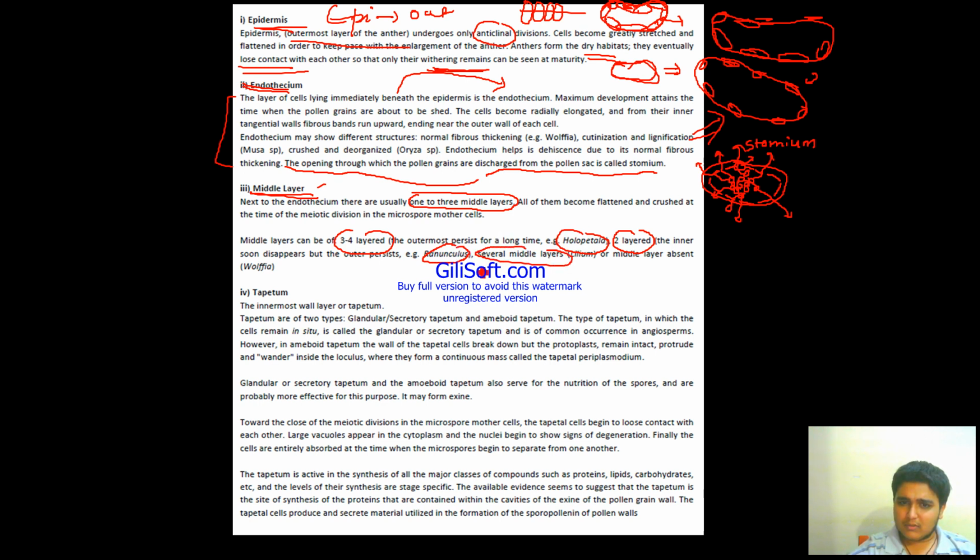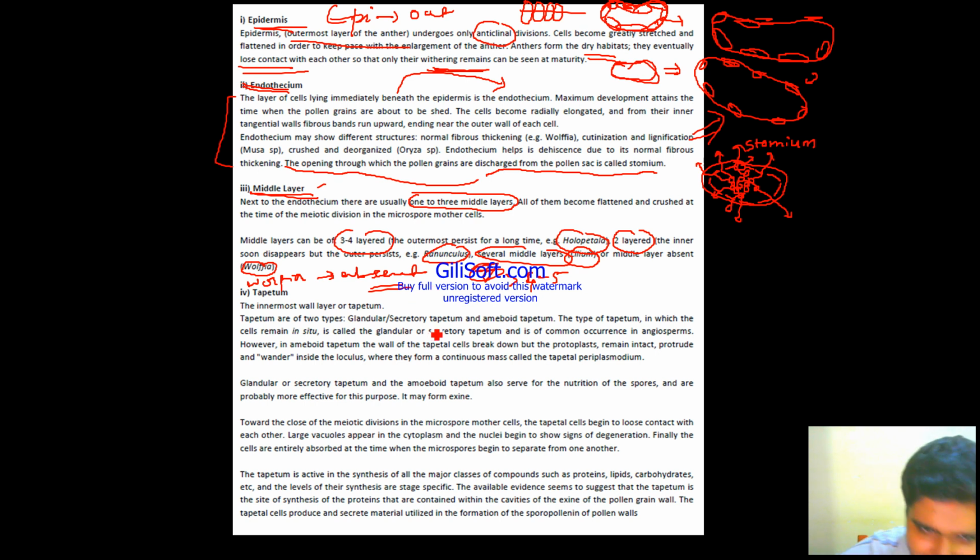Several means more than 4 to 5, right? Several layers of middle layer when you talk about lilium. Whereas if you talk about wolffia, the middle layer is absent. So are you getting the various kinds of exceptions that we see here?